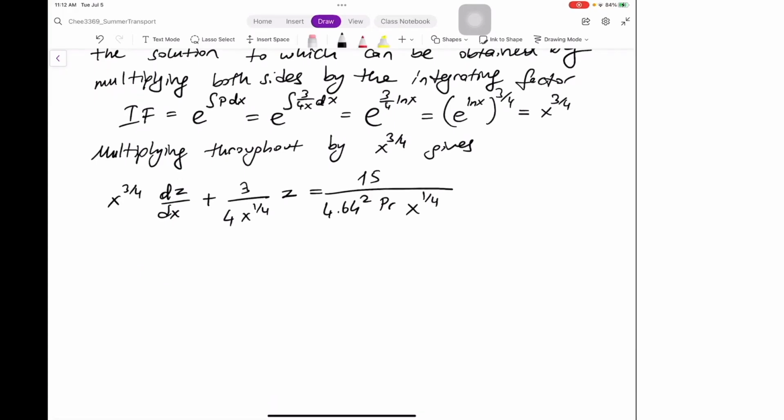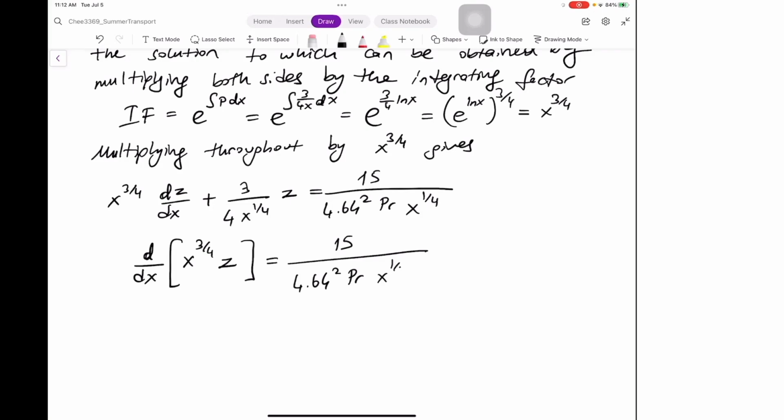And this is d over dx. You can simplify it as d over dx of x to the power 3 over 4 z. If you check, this is this quantity, and this is the derivative of this quantity, basically. Okay, is equal to 15. So this is basically inverse chain rule. So you go from here to here. 4.64 squared Prandtl x to the power 1/4.